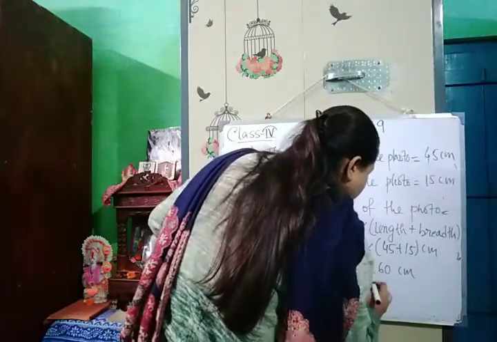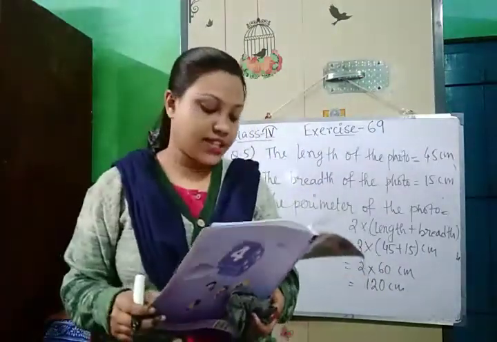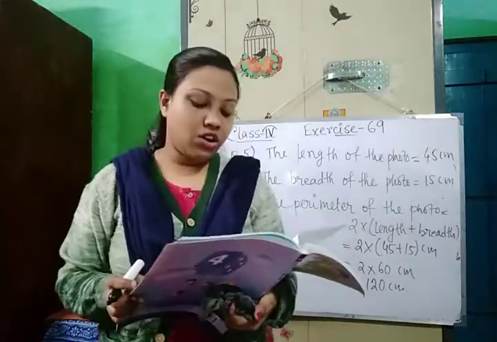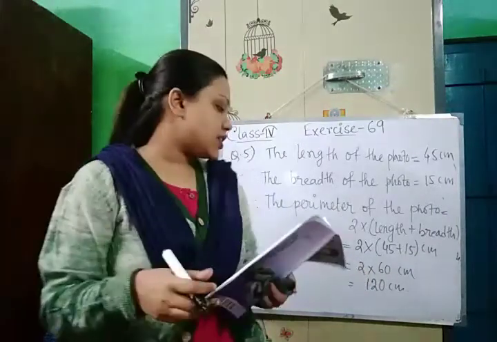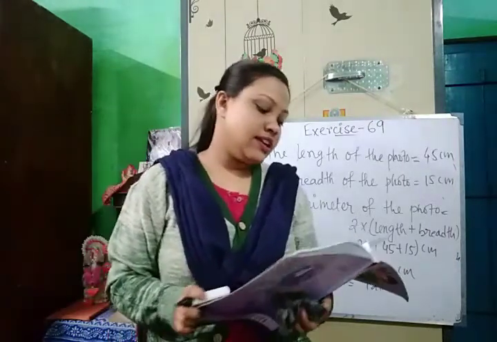That means 120 centimeter. So what will be the final answer? In the complete sentence, what will you write? You will write that 120 centimeter long wooden stick he will need. Okay, I hope this is clear.